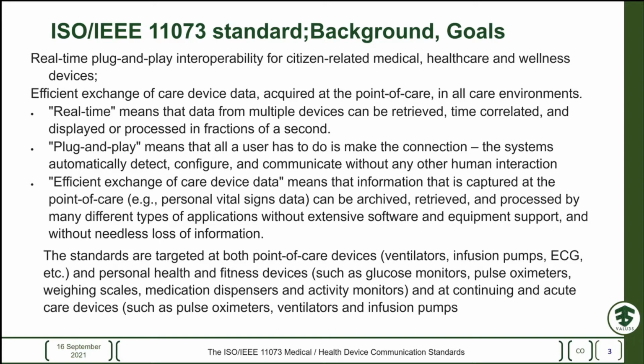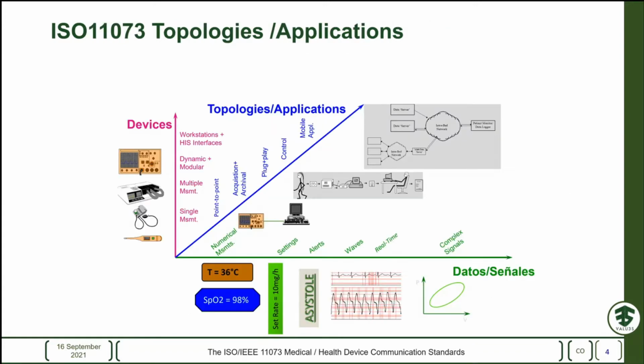I will, in parallel to this explanation of the main features, go to this figure to show you that essentially when we have a patient and we connect a device to a patient, we're monitoring it for some particular purpose.